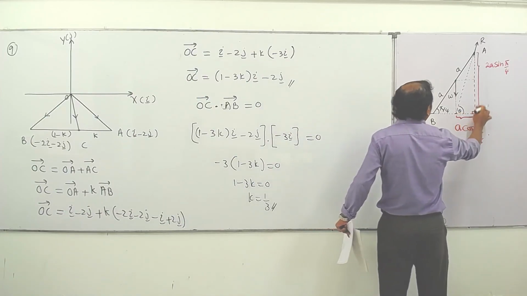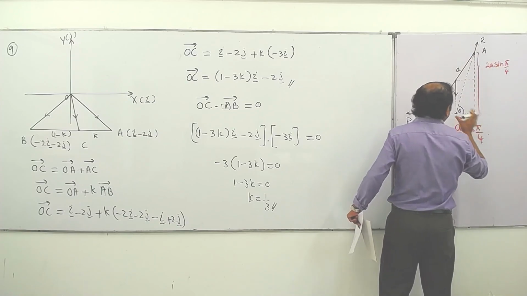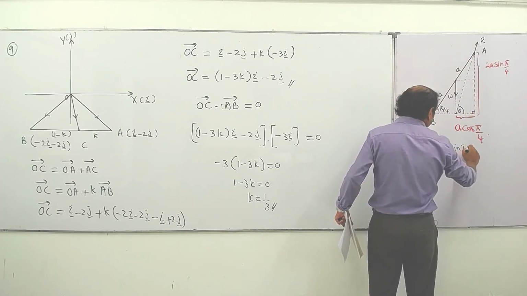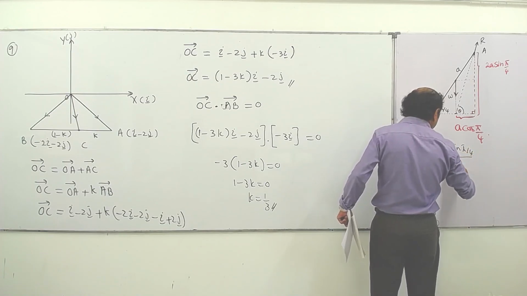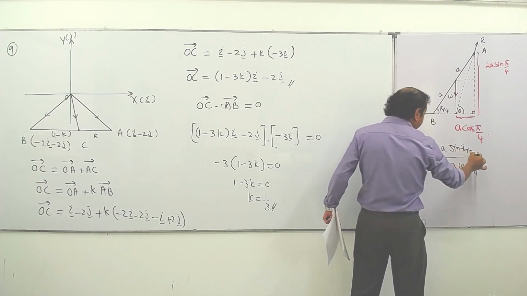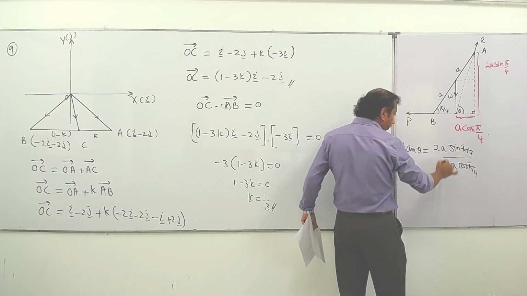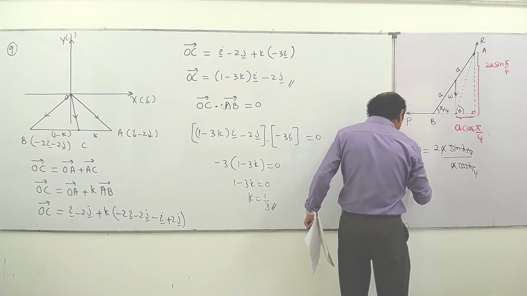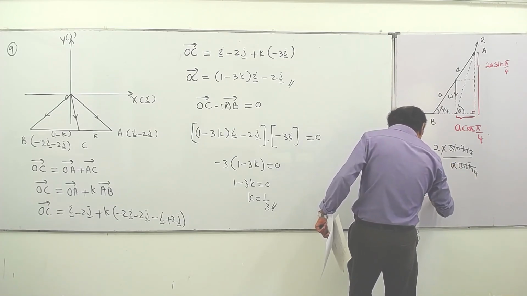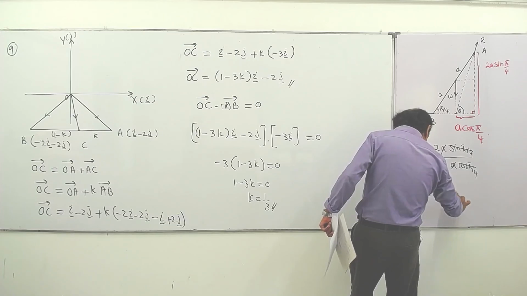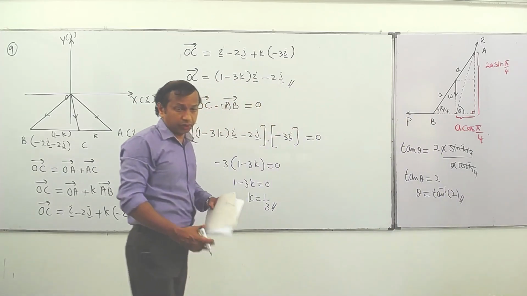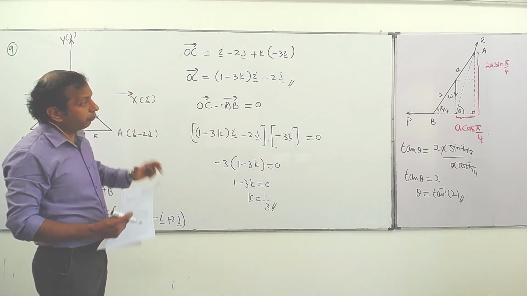By this triangle, opposite side divided by adjacent side. 2a sin pi by 4 divided by a cos pi by 4. You know sin pi by 4 and cos pi by 4 are equal. We can cancel down, a and a you can cancel down. Tan theta is 2. Theta equals tan inverse 2.